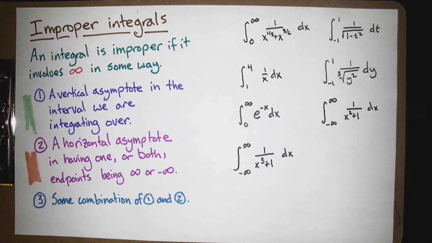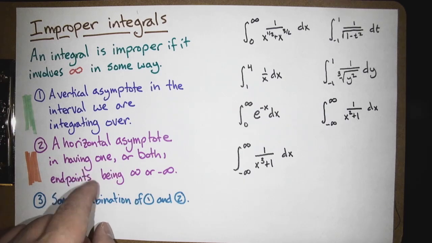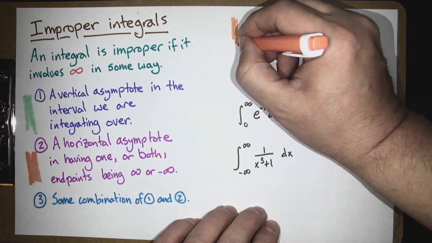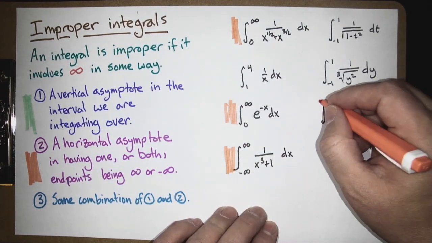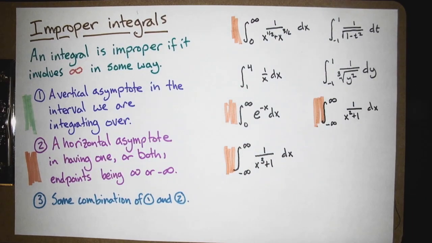Is there a vertical asymptote or a horizontal asymptote, or both? The horizontal is really quick to spot. In fact, we can mark all the horizontal ones right away. What are we looking for? Infinity in the bound. So there's an infinity, there's an infinity, there's an infinity, and there's an infinity. These are all the ones where we have infinity in the bounds. Those are the easier ones to spot.